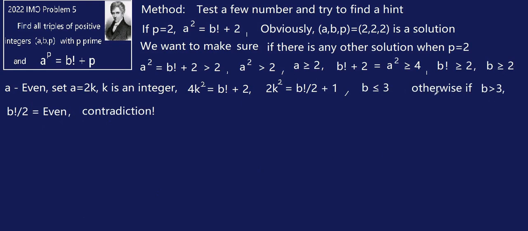Because b is at least 2, the only possibilities are 2 or 3.